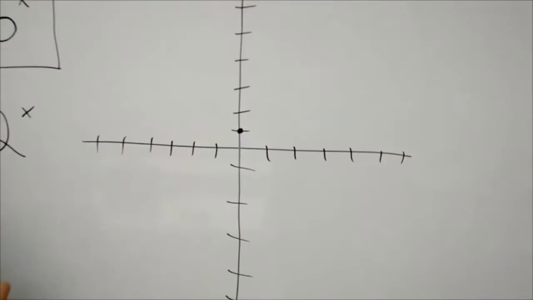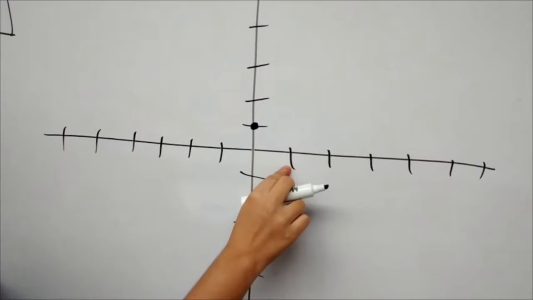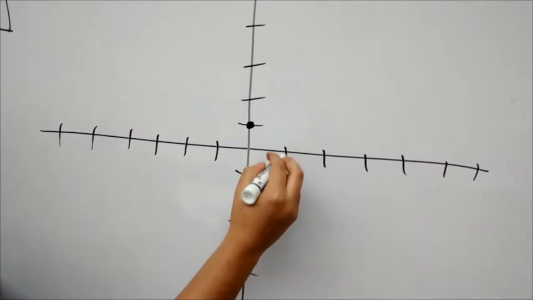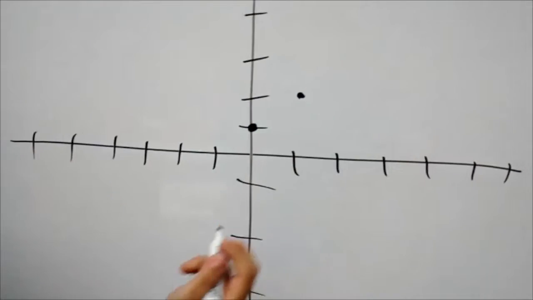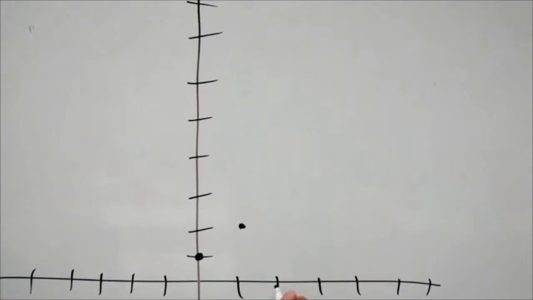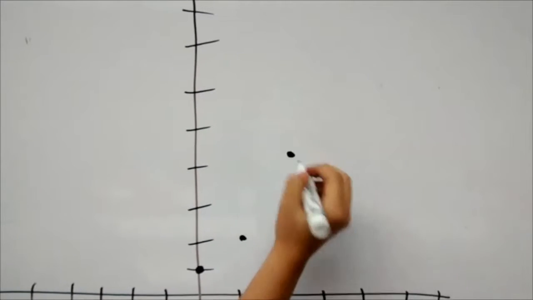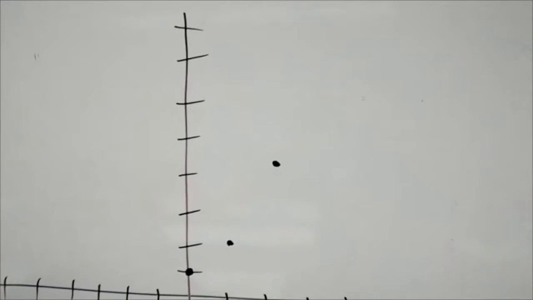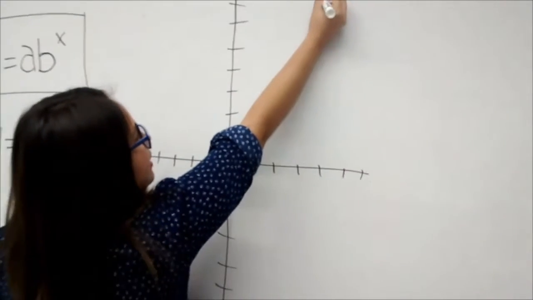So 2 to the first power, it will be 1 times 2. Then 2 to the second power, 2 times 2, 4. To the third power, 2 times 2, 4, times 2, 8. So 3, and you click in number 8.